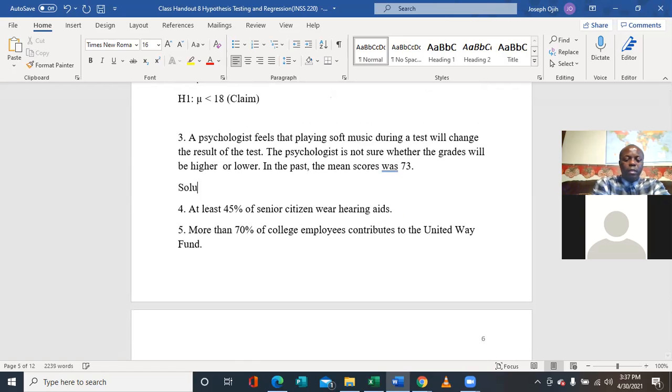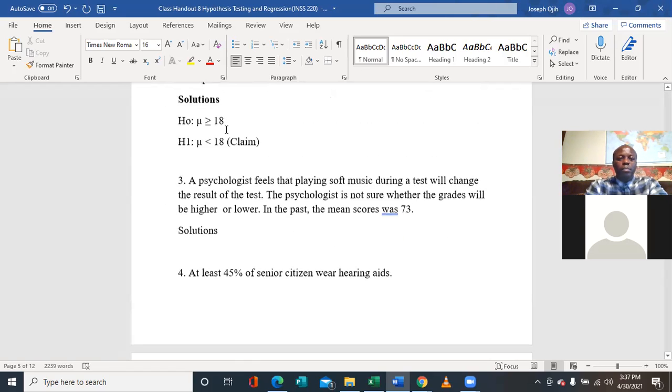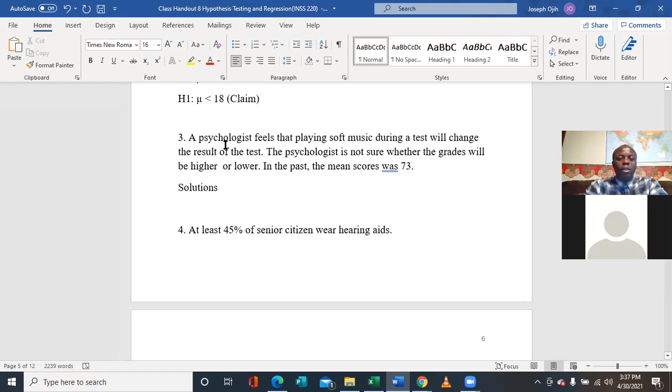This hypothesis here says a psychologist sees that playing soft music during a test will change the result of the test. The psychologist is not sure whether the grades will be higher. In the past, the mean score was 73.